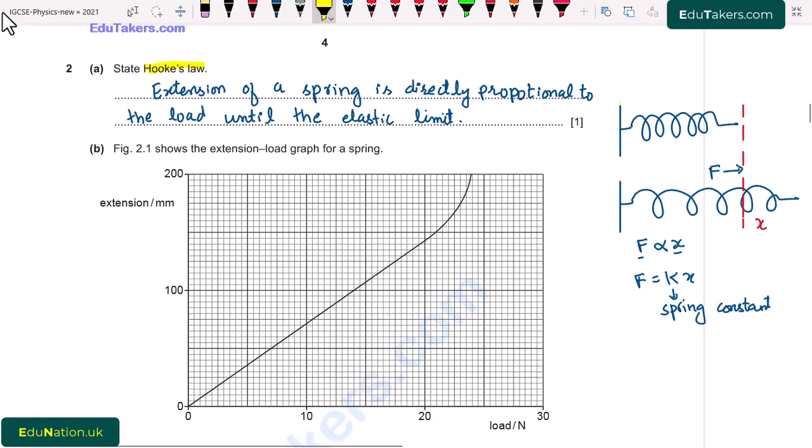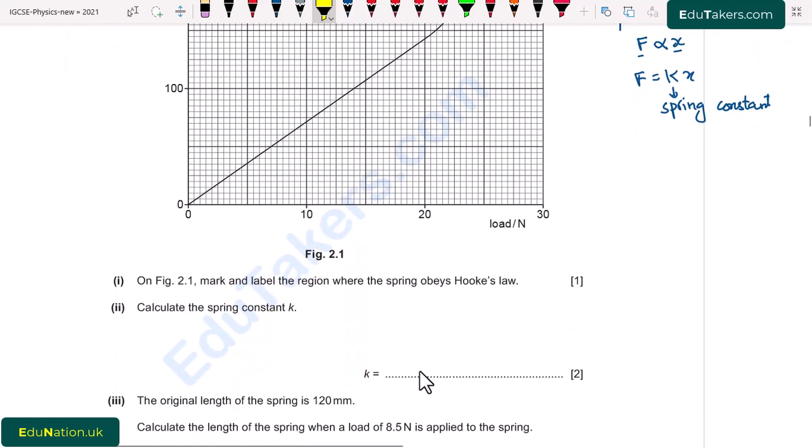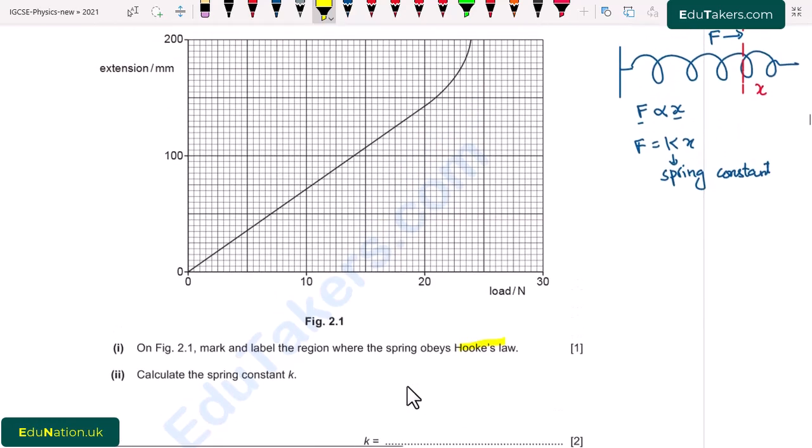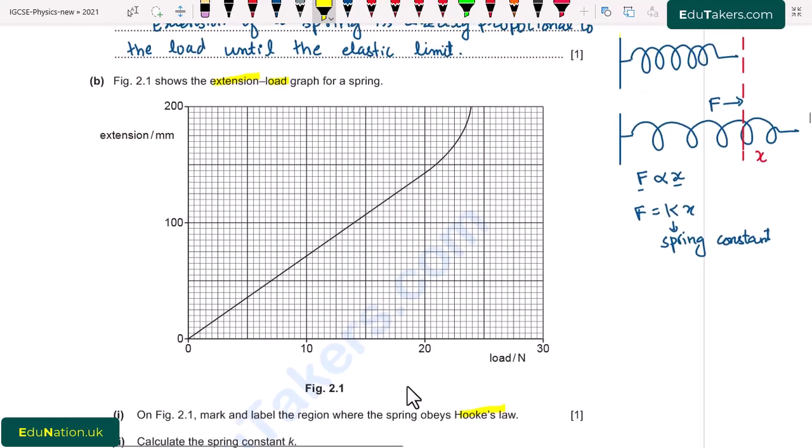Part B. Figure 2.1 shows the extension-load graph for a spring. Part 1. On figure 2.1, mark and label the region where the spring obeys Hooke's law. So we have to tell the region on the graph where the spring obeys Hooke's law, and I already told that the force and the extension are directly proportional.